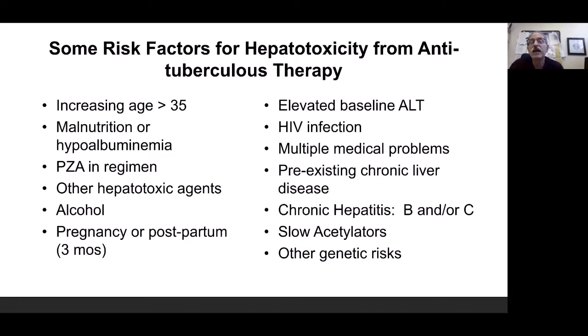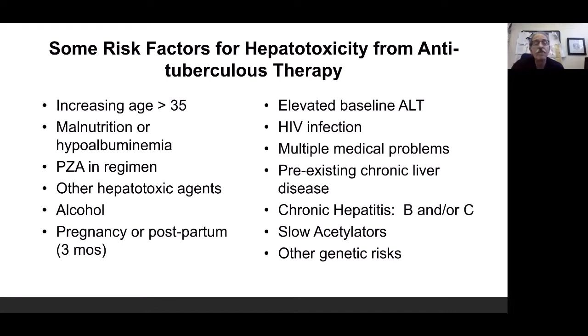Age we've talked about before, malnutrition, PZA being in the regimen seems to contribute a lot to toxicity, being on other hepatotoxic agents, alcohol, pregnancy or postpartum status, as this woman was, elevated liver enzymes at baseline, underlying HIV infection, people with multiple medical problems, probably because they're also on multiple medications, and pre-existing chronic liver disease, including chronic hepatitis.